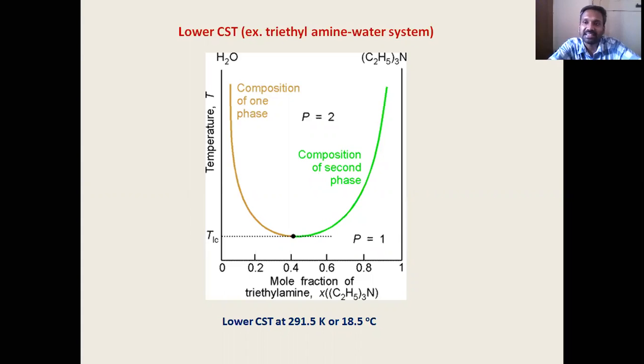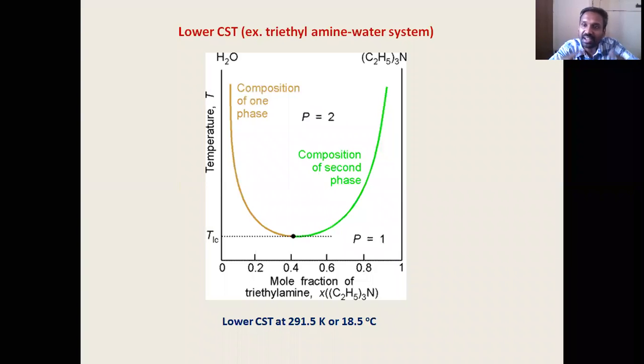The answer lies in its molecular interactions. See, triethylamine and water are bonded to each other through hydrogen bonding. When you heat, the hydrogen bonding becomes weaker. Why? The molecules are set into faster motions, and during these faster motions, the hydrogen bond becomes weaker and weaker. The molecules are going far from one another. So at higher temperature, the hydrogen bonding is weakest; at lower temperature, hydrogen bonding is strong.